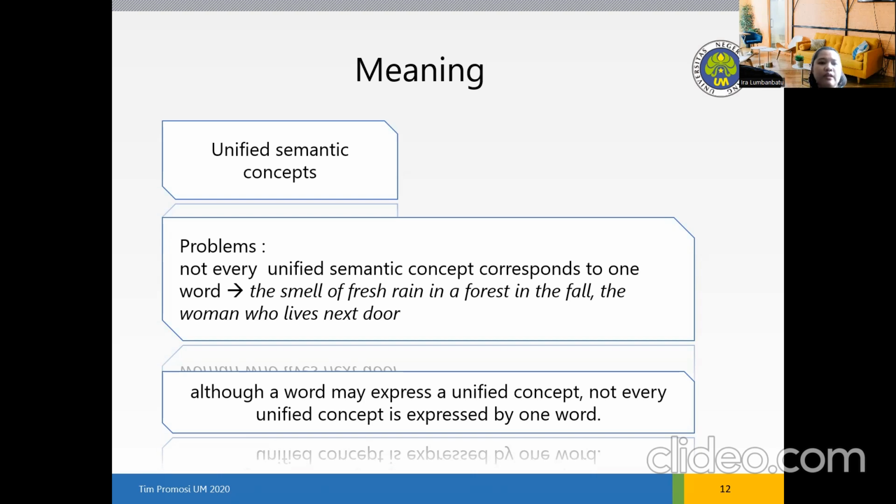If you see the example here, "the smell of fresh rain in a forest in the fall", "the woman who lives next door". Not every unified semantic concept corresponds to one word.